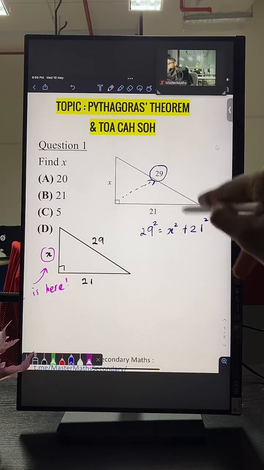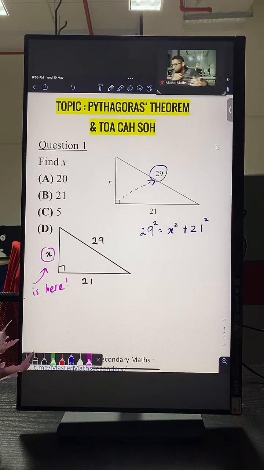plus 21 square. When that happens, you are able to press the calculator. My friends, let's press the calculator. What is 29 square? That is 841. 841 is equivalent to x square plus 21 square. Let's press that as well. 21 times 21 is 441.